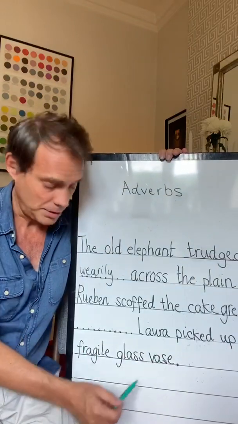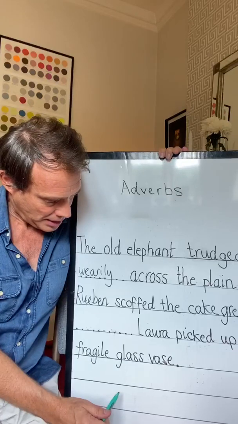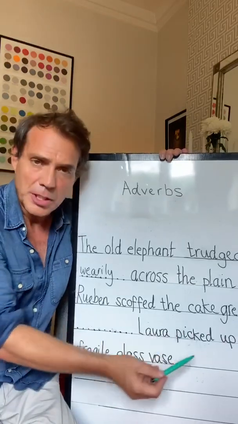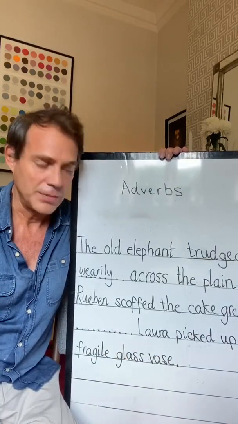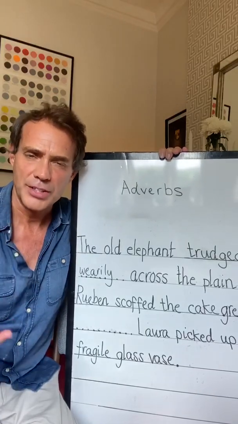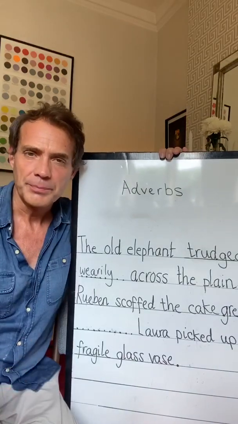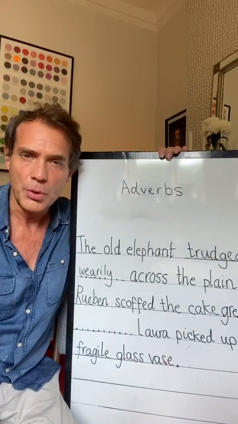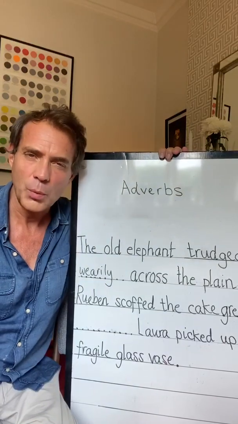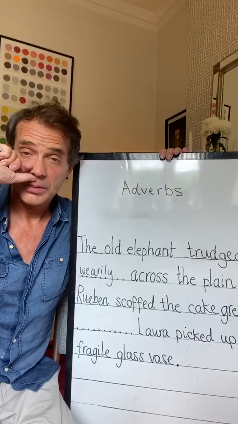Vase is our noun. And then she picked it up. Here's our verb. She picked up that vase. How does she do it? If you're going to pick something up that's fragile, it's delicate, it could break easily, how might you pick it up? In what way would you pick it up? In what manner is another way of thinking about it.